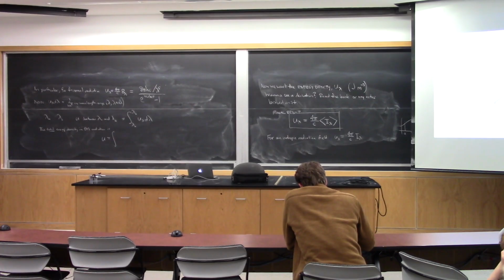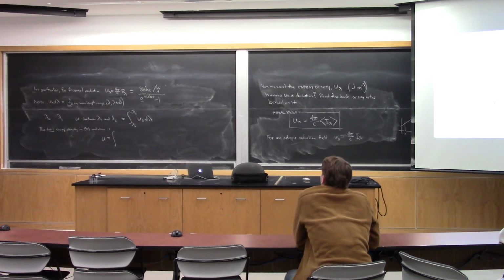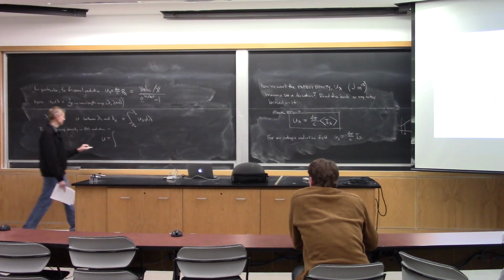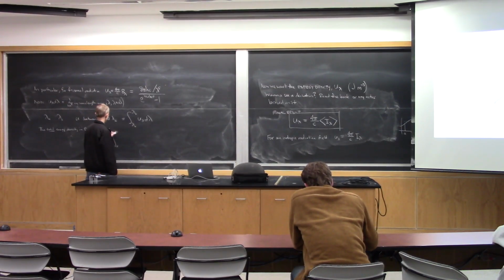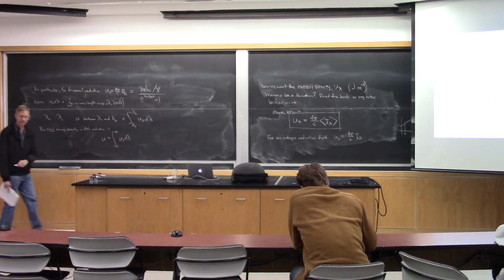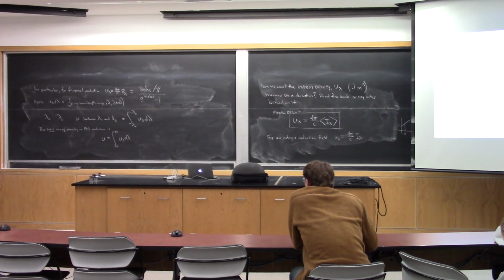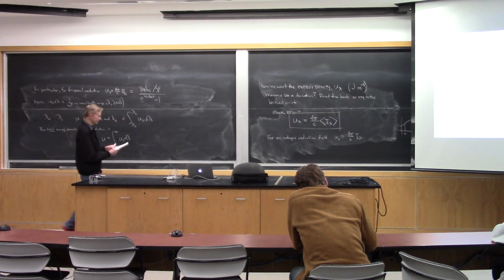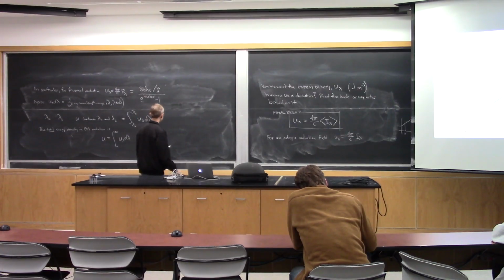If I want all the radiation, what's the shortest possible wavelength? 0. What's the longest possible wavelength? Infinity. So I'd integrate from 0 to infinity of U sub lambda d lambda. Just integrate over all wavelengths to get the wavelength integrated energy density, the total energy density in all wavelengths of electromagnetic radiation.